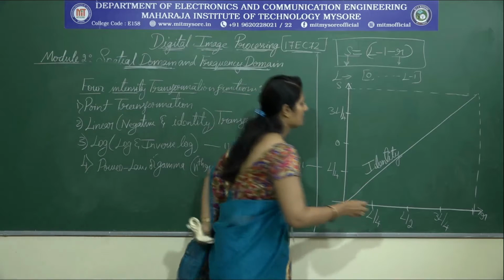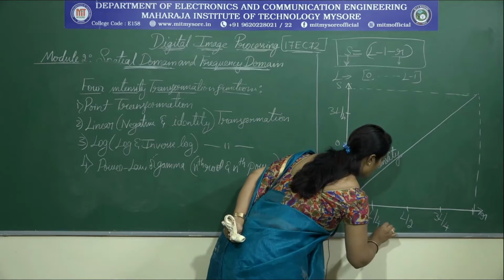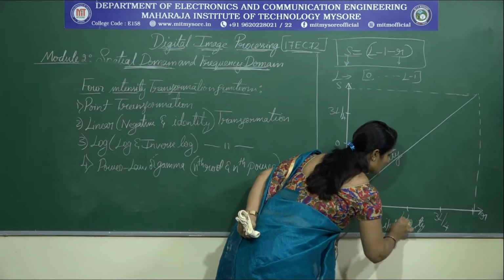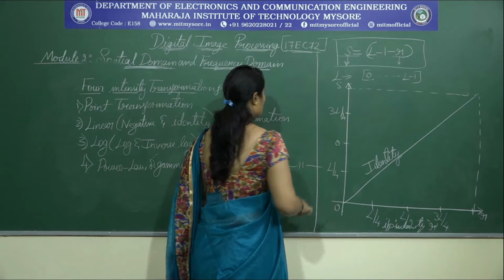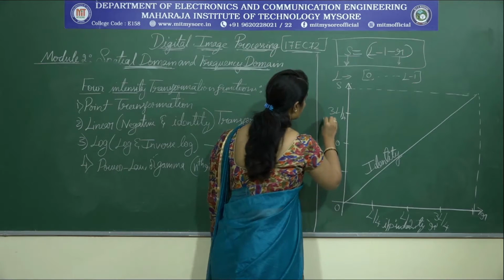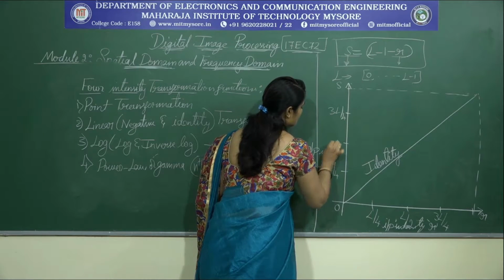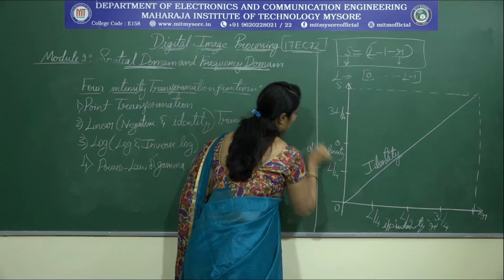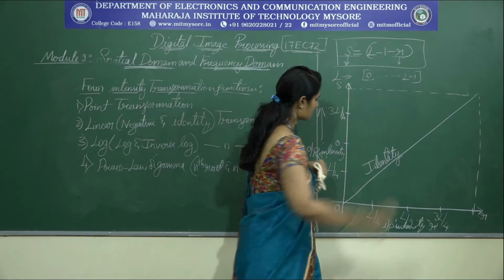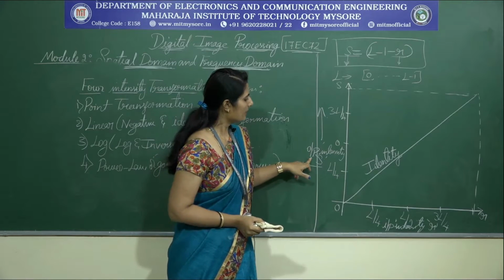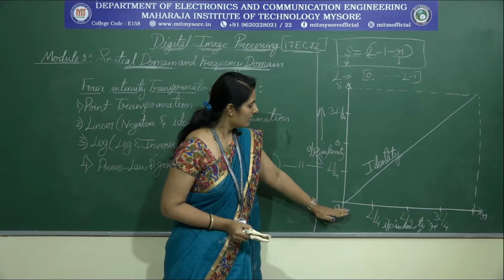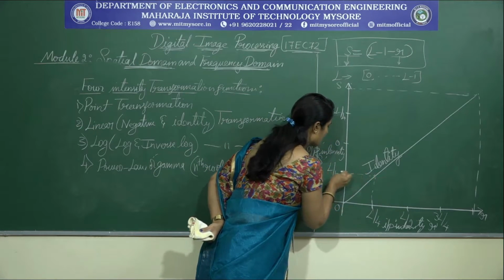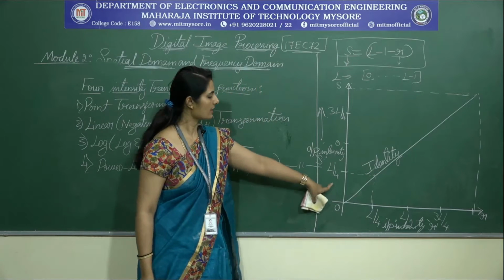For example, this is the input intensity level, and this is the output intensity level, that is S. Here in identity, if the input intensity value is L/4, then the corresponding output intensity is also L/4.